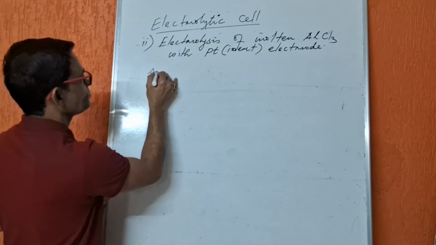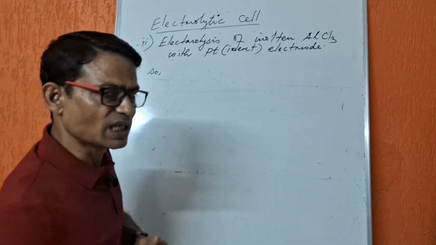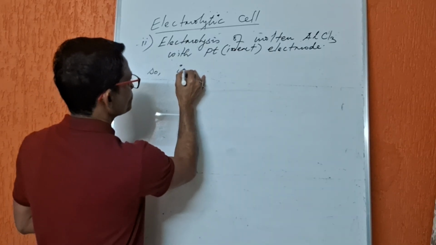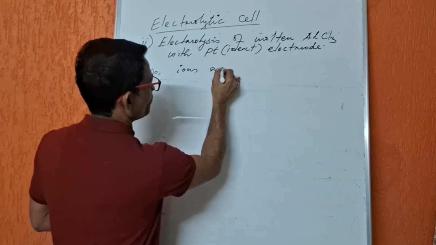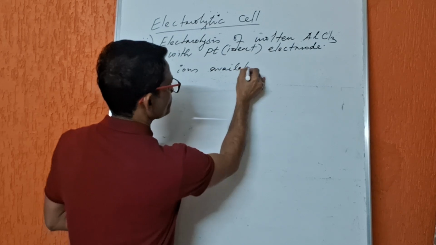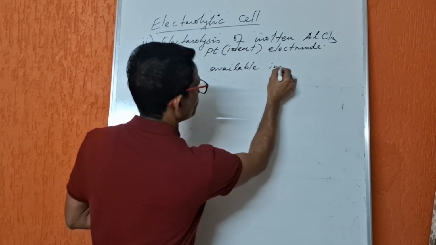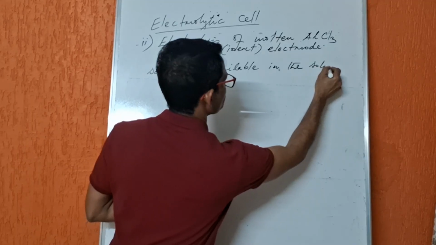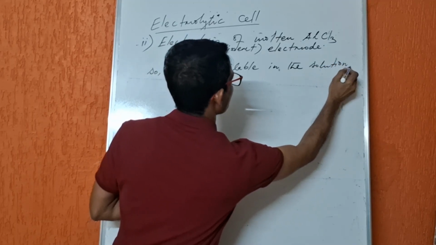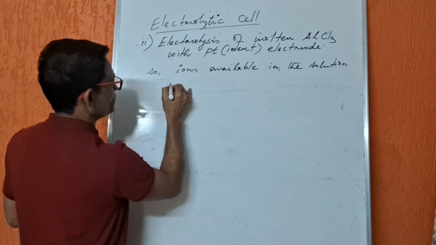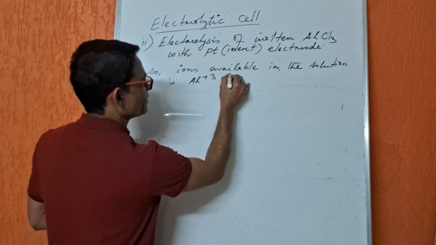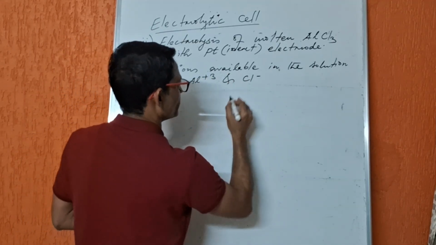So the ions available in the solution are Al plus 3 and Cl minus ion.